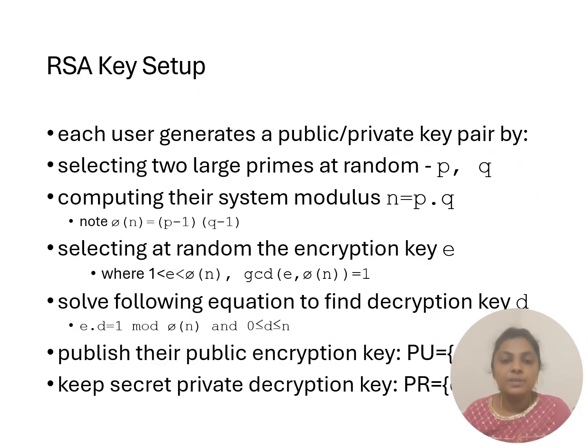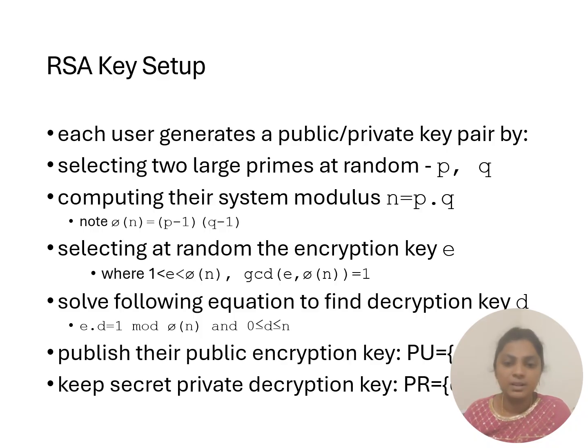And then comes the decryption key. At the receiver end, the decryption key will be used. That's calculated using Euler's function again. The formula is e into d equal to 1 mod phi of n. So to calculate d, the formula becomes d is congruent to e inverse mod phi of n.